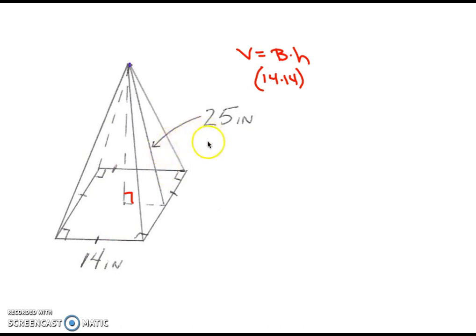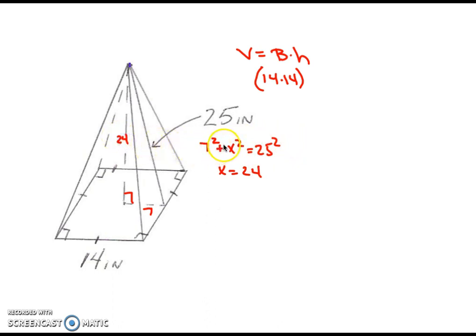So if you set up 7 squared plus x squared equals 25 squared, since this is a square and its radius is right here, it's half the length of this side. That's where we got the 7 from, because this is 14, this is half the length. So x equals 24, which means this height right here is 24.